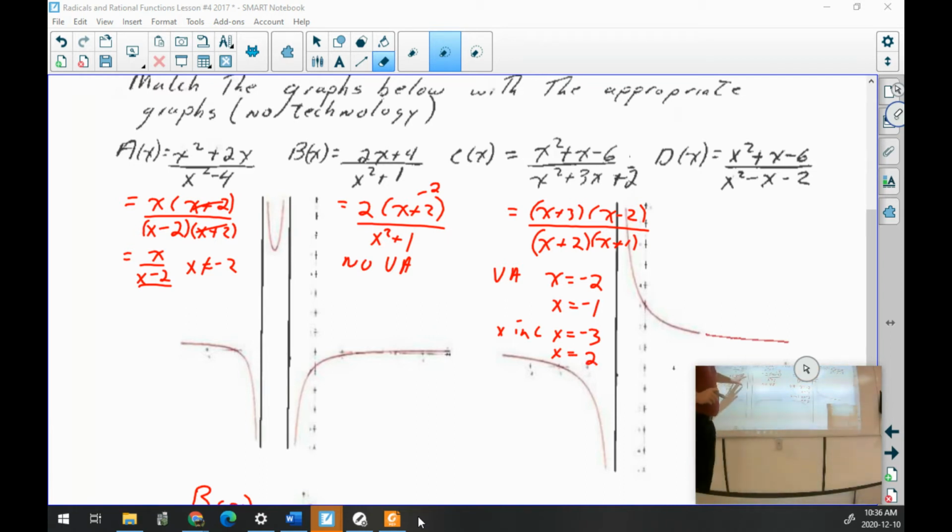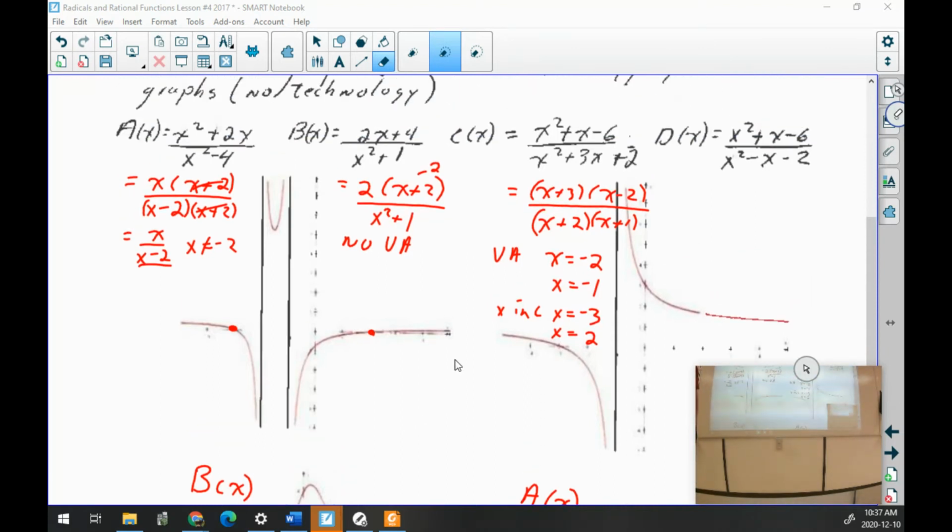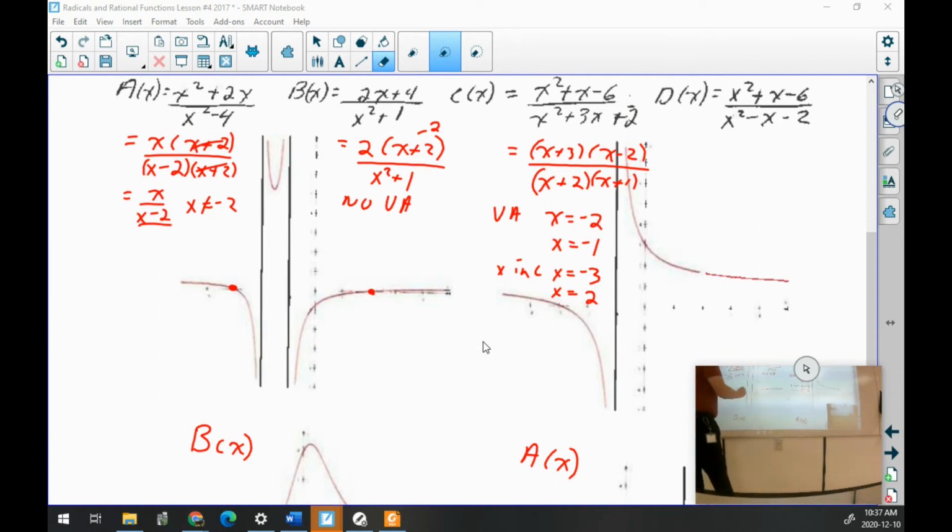Now this guy's the only one that's got two asymptotes, and we do have our x-intercept at -3 and our x-intercept over here at 2. I hope it's easier for you to read than the other one. So this guy here is c of x. That obviously means that guy is d of x, but let's just take a quick look at it.